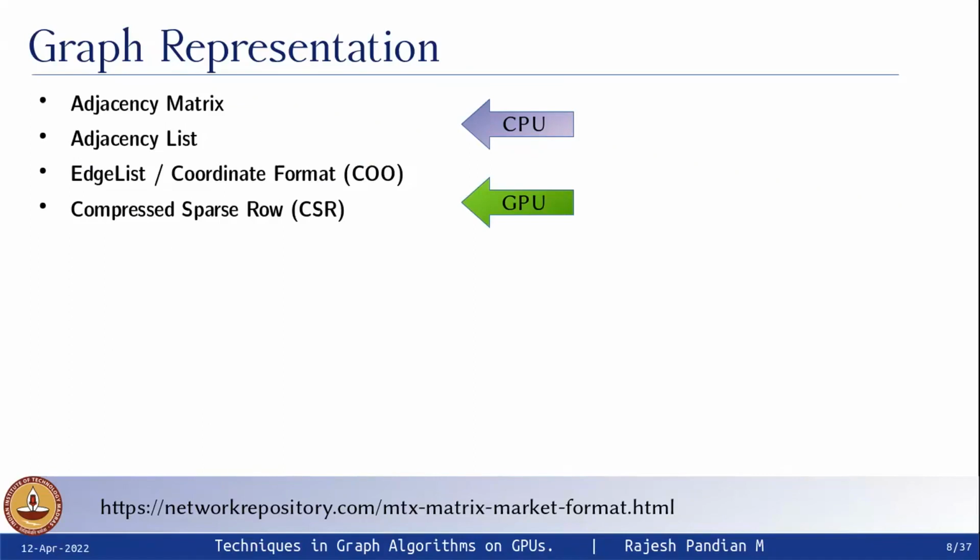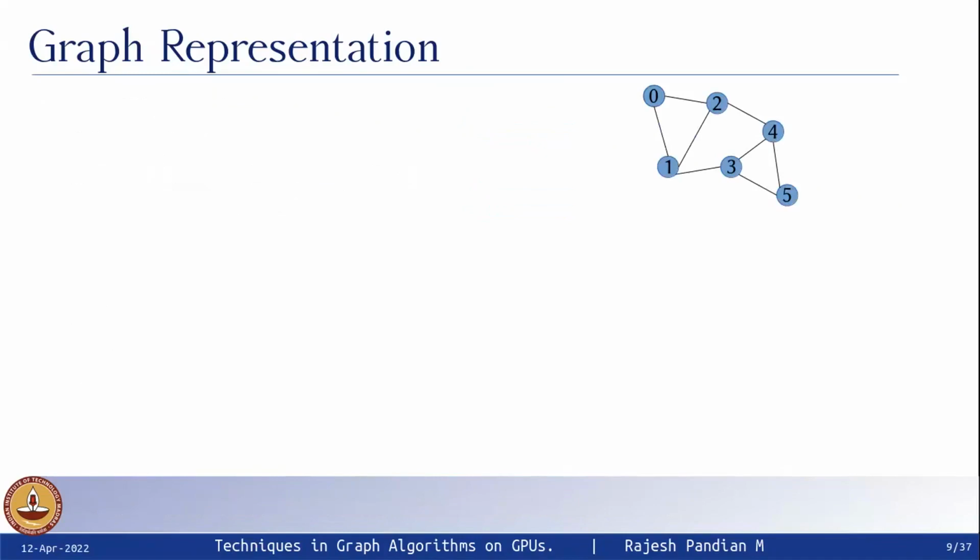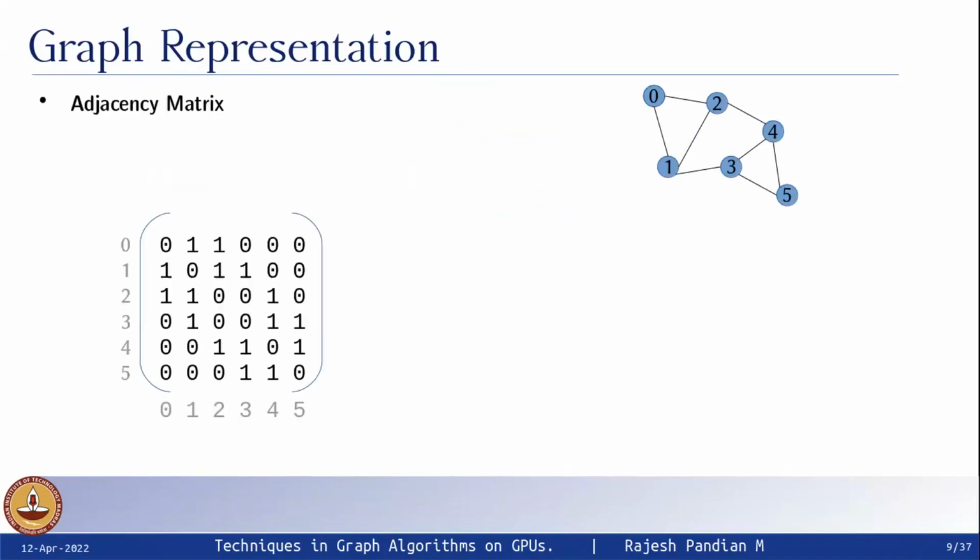Let me take a small toy example to demonstrate this. Let's take the adjacency matrix. What is an adjacency matrix? It is an n cross n matrix, where n is the number of nodes, and each index denotes whether a particular vertex is incident on another particular vertex.